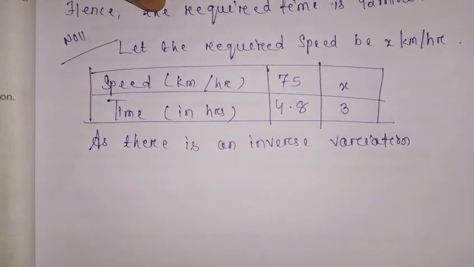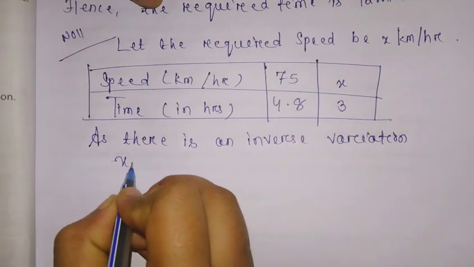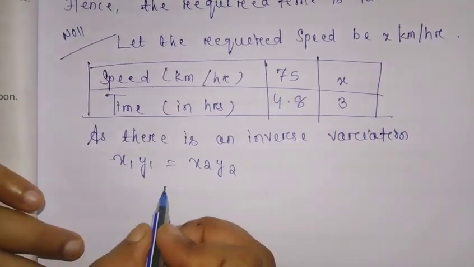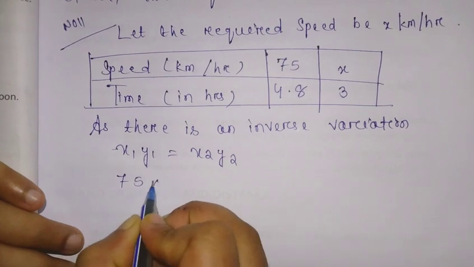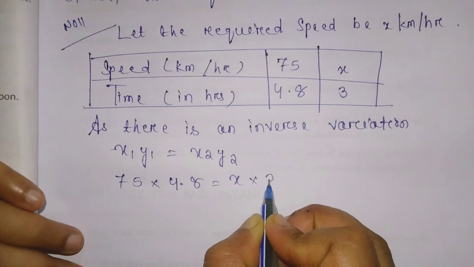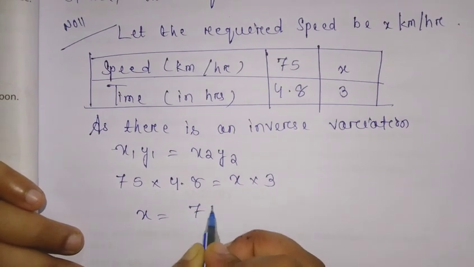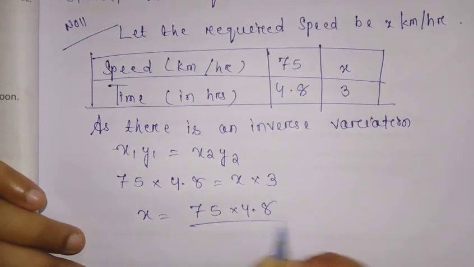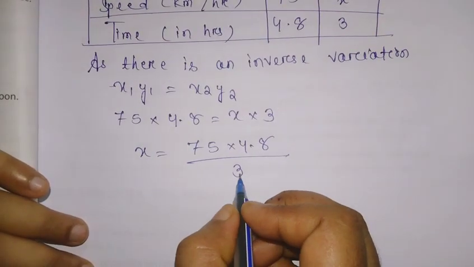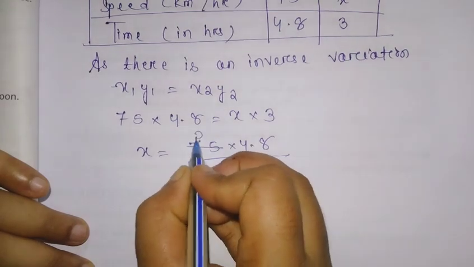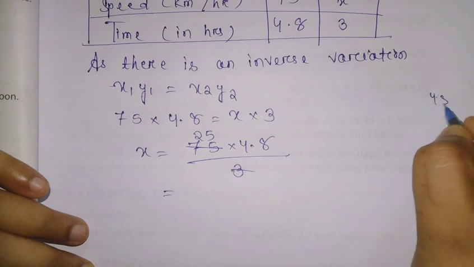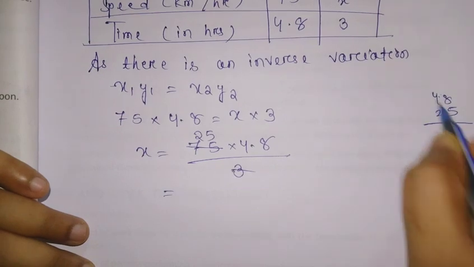Then we put the inverse variation formula: x1 into y1 equals x2 into y2. Here x1 is 75 and y1 is 4.8. Then x2 is x and y2 is 3. Then x equals 75 into 4.8 divided by 3. 3 twos are 6, 3 fives are 15. Then 25 into 4.8: 8 fives are 40, carry 4.